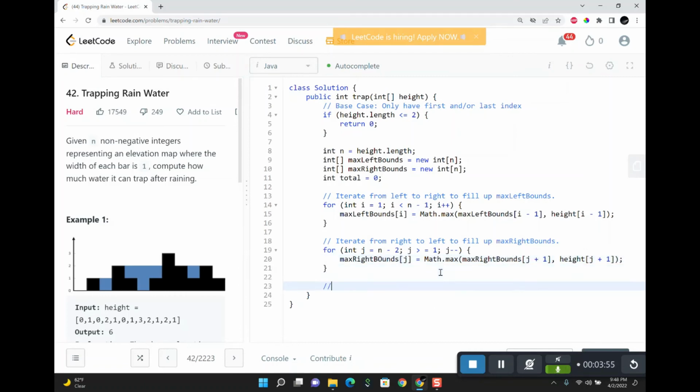That's the first step. The second step is that we need to iterate through each possible index and add up the amount of water we can fill up at each possible index.